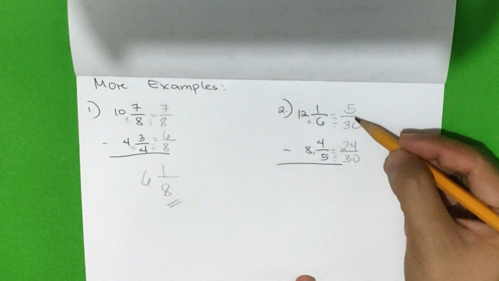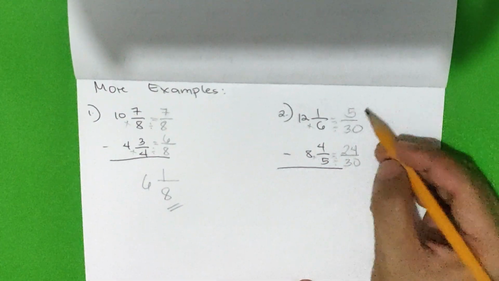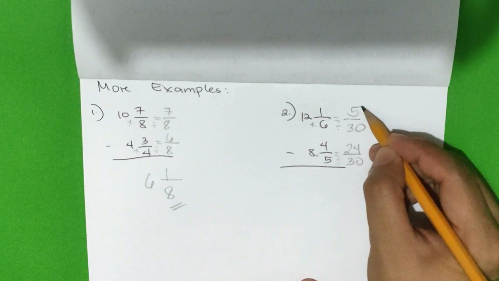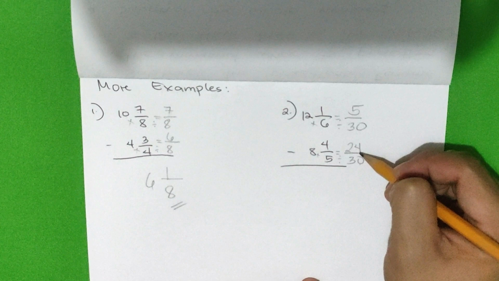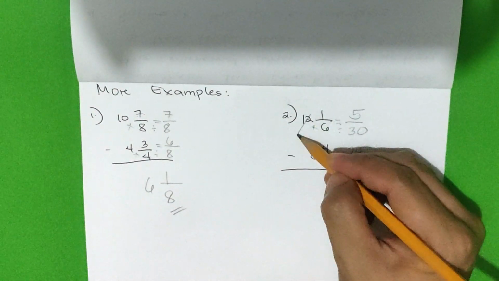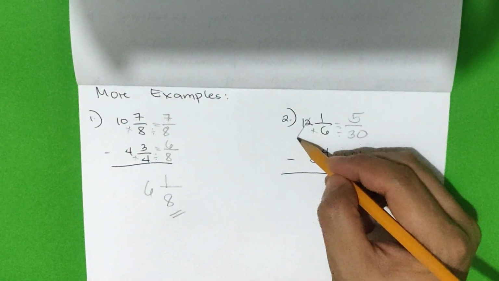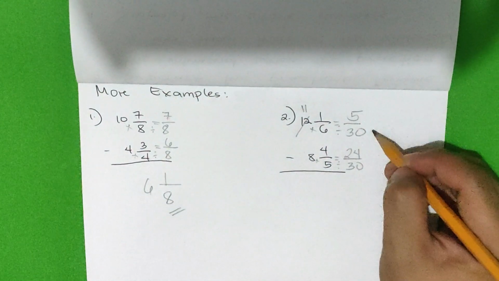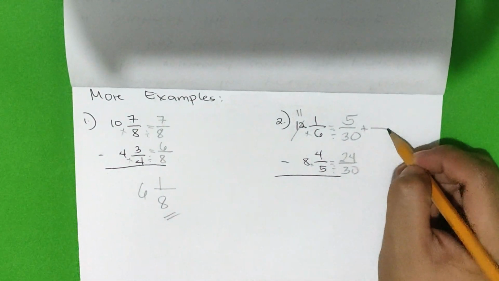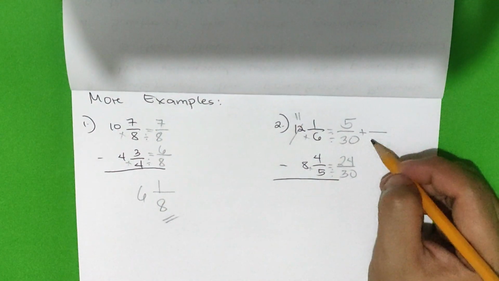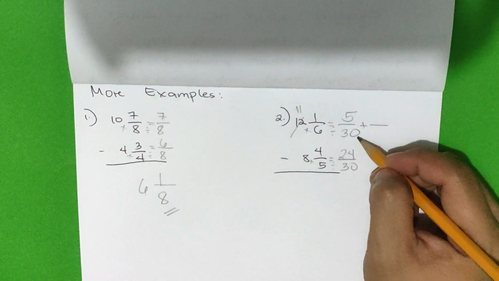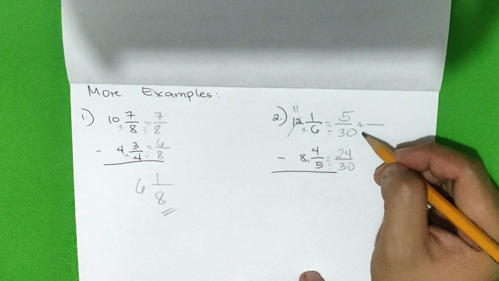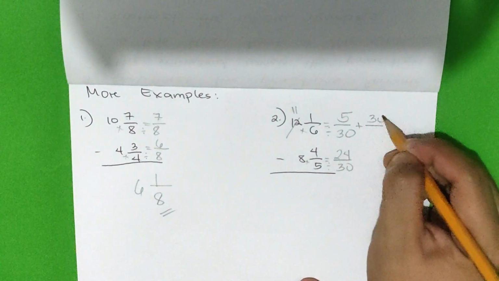So now let's compare the minuend with the subtrahend. Since the minuend is less than the subtrahend, we have to borrow 1 from 12. And 12 now becomes 11. And we have to add another fraction similar to the denominator of our new set of fractions, which is 30.